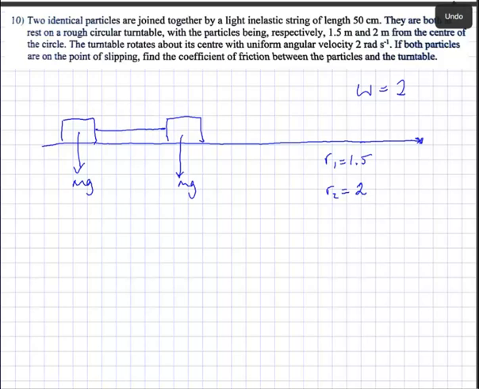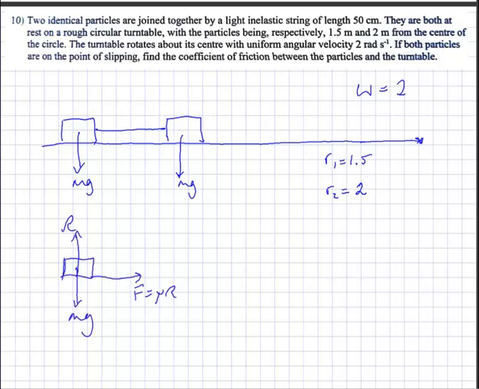So how can we make sense of what's going on here? Well, it's worth your while appreciating the two objects separately, and we'll draw a little diagram showing all the forces of each one separately to get a sense of what's going on.